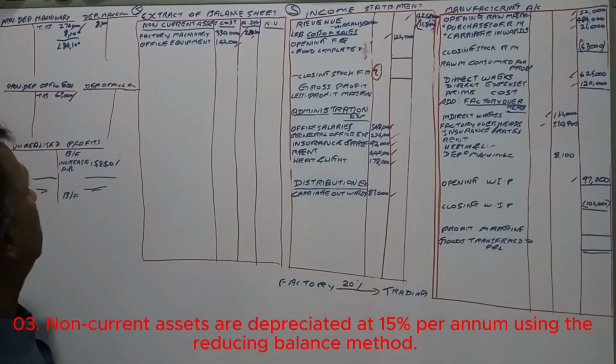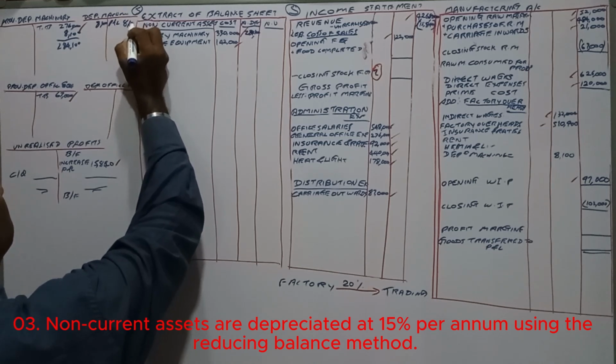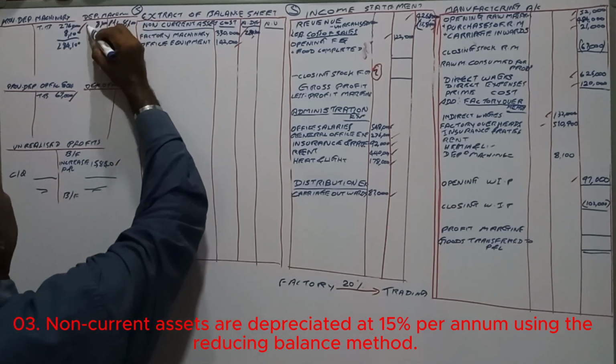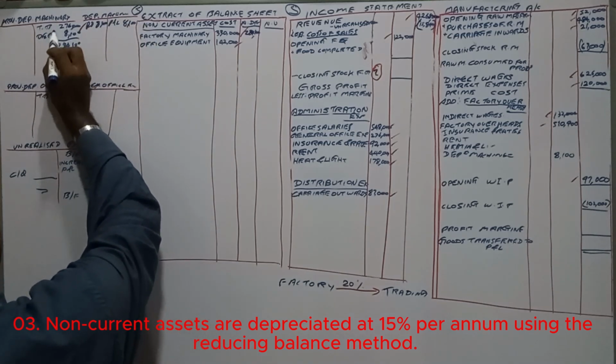And this has to be transferred to the P&L, 8,100. This is accumulated depreciation, this is depreciation, right?